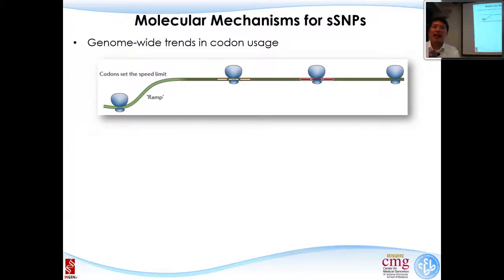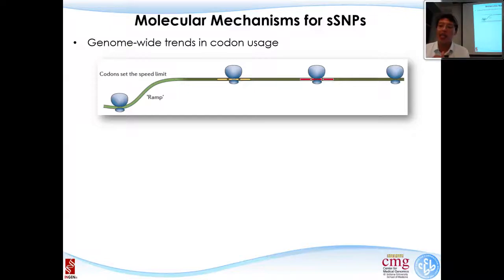So these three nucleotides will encode the same amino acid. However, if we have more of the red ones compared to the yellow ones, and those red tRNA complexes are more readily available, then the translation efficiency will be different.